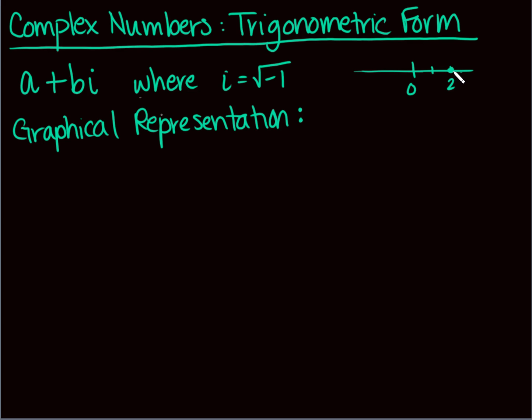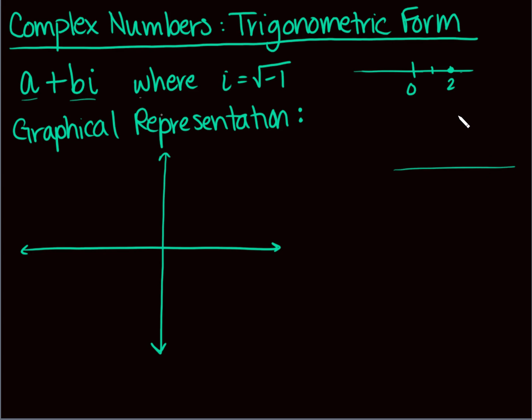So we kind of have the same idea here, except notice a complex number has 2 parts. So the way we represent this graphically is we take a page from Descartes, the Cartesian coordinate system, which is really just a real number line put horizontally and a real number line put vertically. That's all a Cartesian coordinate system really is.